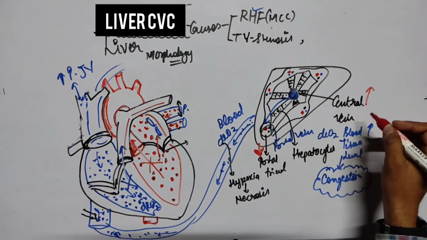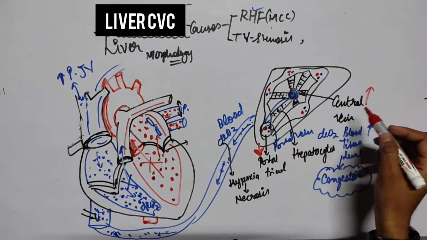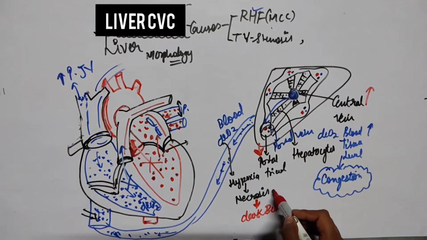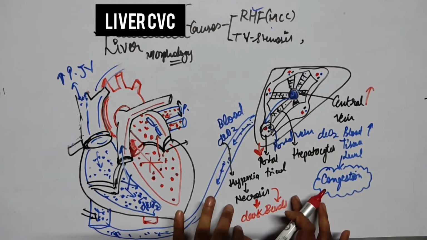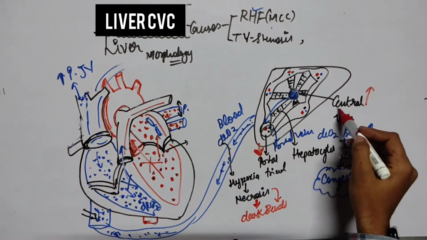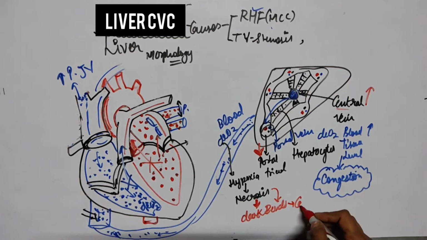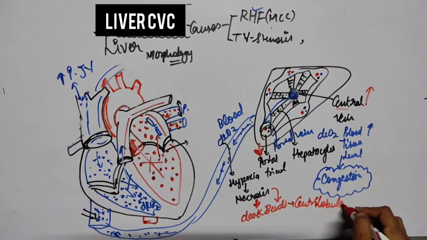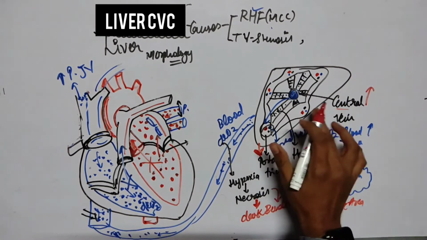So because of the deoxygenated blood there will be hypoxia and necrosis, and because of the necrosis, it will lead to the formation of dark bands, because necrosis appears dark in color, in the central lobular area where the central vein is situated.